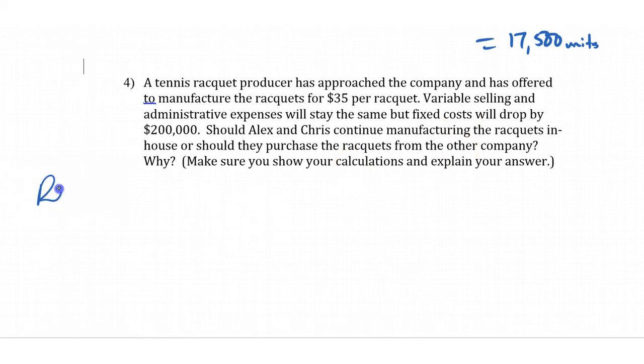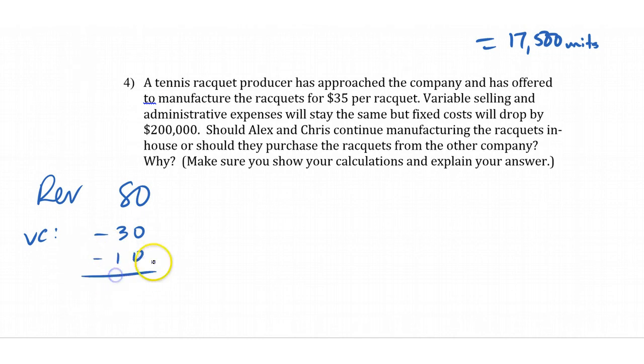So remember, our revenue is 80. Our variable costs are 30 for manufacturing and 10 for admin and selling. So that gives us a contribution margin of 40. But that's if we're making it in-house. If we buy it from somebody, they're going to charge us $35.